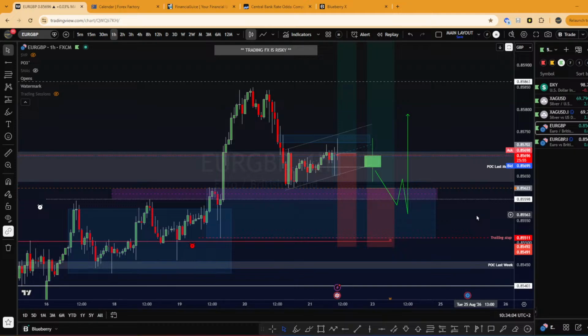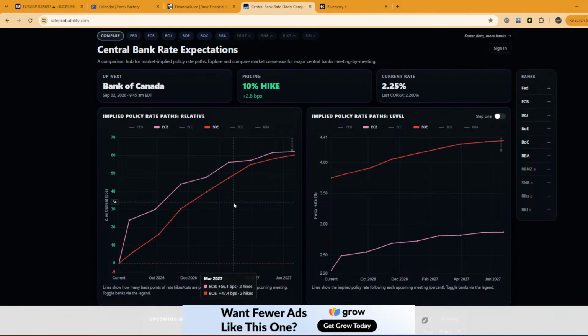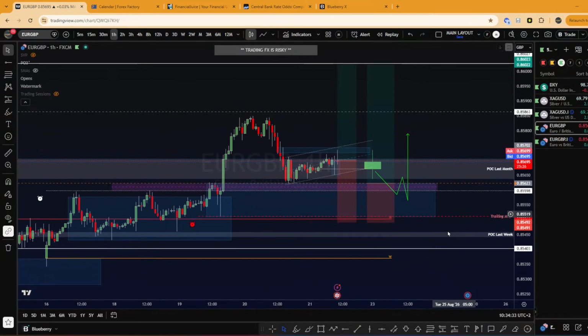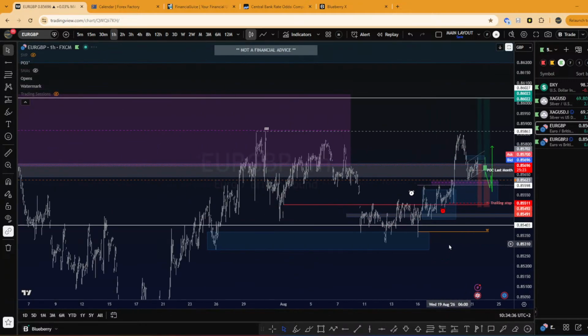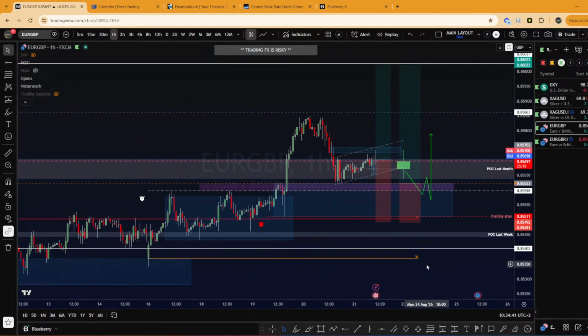This will not help me too much because I think the same thing on euro and on pound, we both have pretty much good and mixed PMI data, so that will not help me too much. So that's why I will focus more on the global picture, on the expectation from the central bank, and that's what I am saying. Euro fundamentally is stronger than pound because of this expectation from central bank.